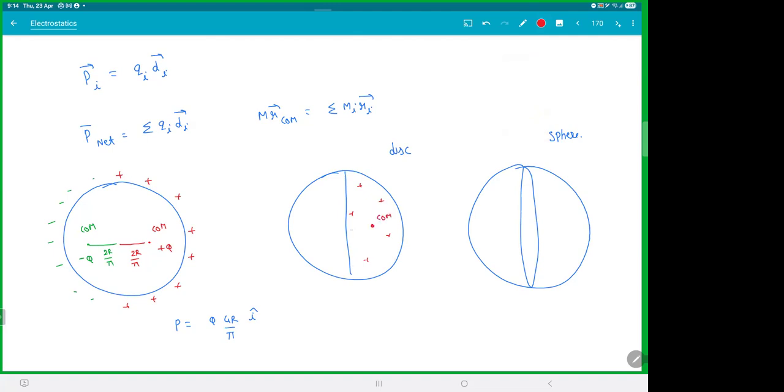Center of mass of a disk is how much? 4r by 3 pi. For a solid hemisphere, the center of mass will be 3r by 8. So you should know the results. The only condition is it's valid for uniform charge distribution. If the distribution is not uniform, your center of mass will not be there. So literally it becomes a center of mass problem again. So better you integrate.